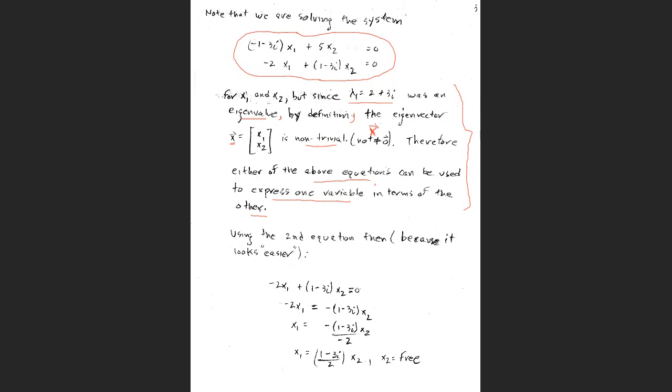I'll continue the problem, but when we're done, I want to go to the whiteboard and give you a little more intuitive feel for this. And then we'll do the rest of the problem.